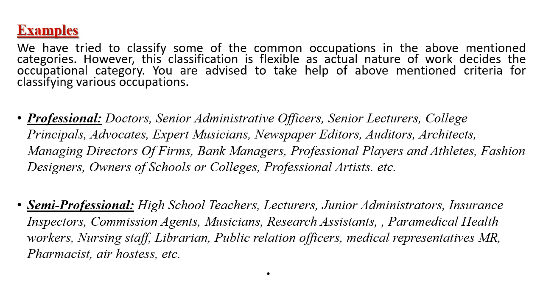So first is the professional group, in which doctors, senior administrative officers, senior lecturers, college principals, advocates, expert musicians, newspaper editors, auditors, then architects, managing directors of firms, bank managers, professional players and athletes, fashion designers, owners of schools or colleges, professional artists.